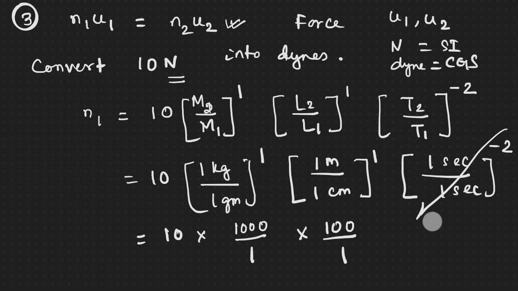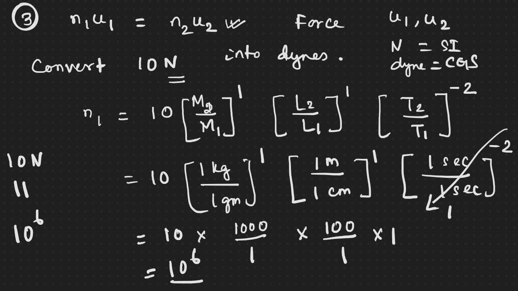You must remember, it is not actually 0, because 1 second by 1 second will tend to only 1. Okay, so into 1 I am writing. So what would it be? N1 would be 10 to the power 6. So 10 Newton is equal to 10 to the power 6 as the numerical value attached to dyne.